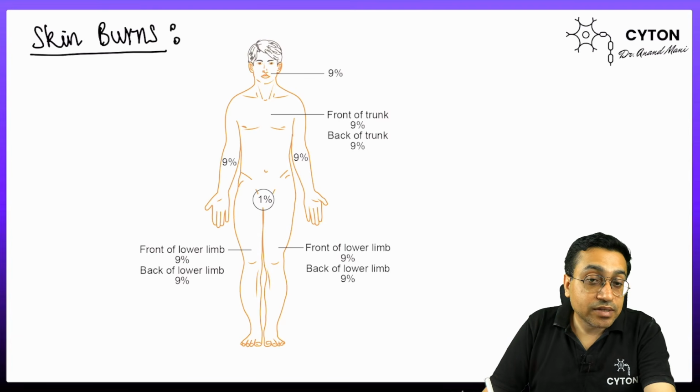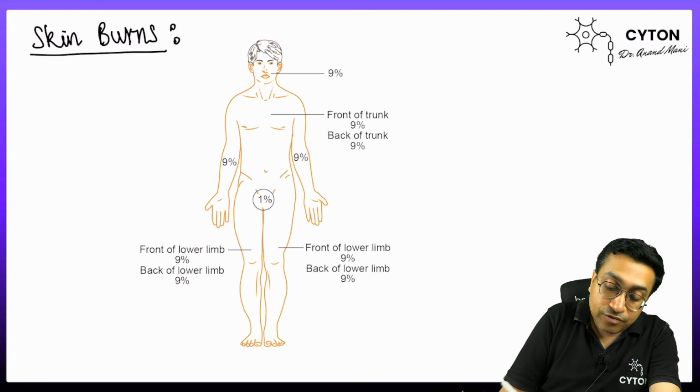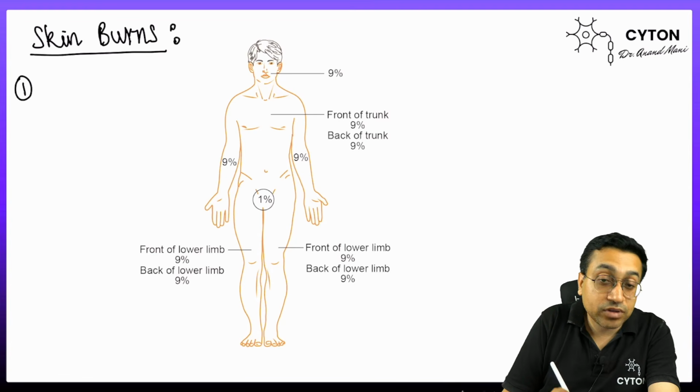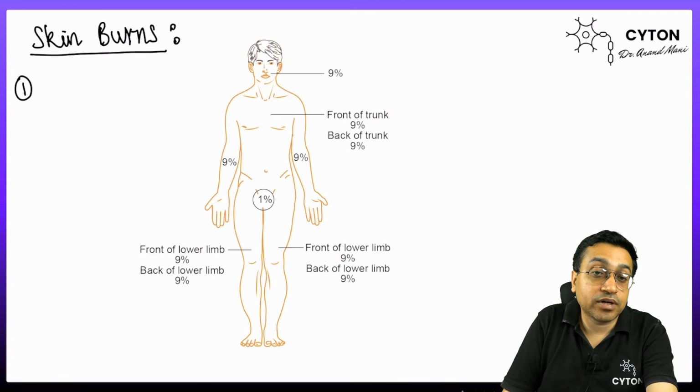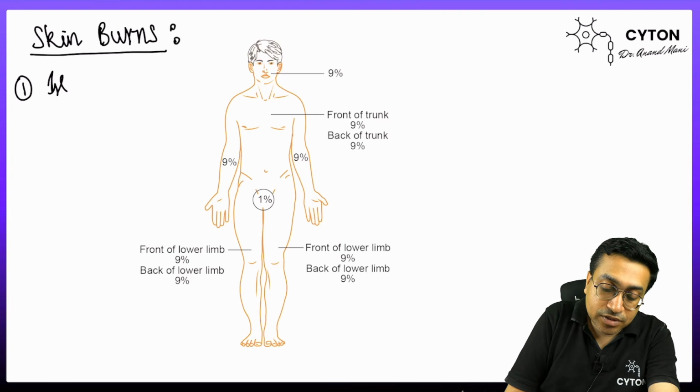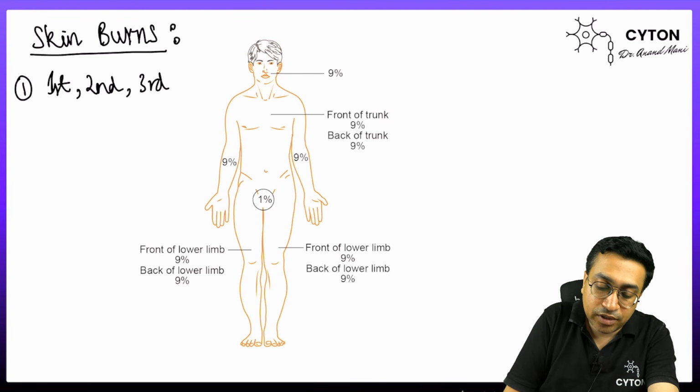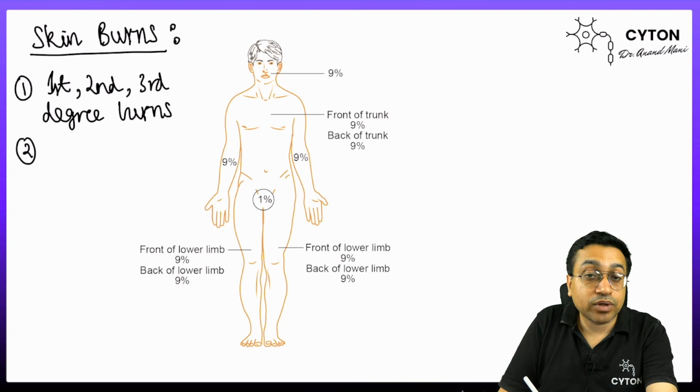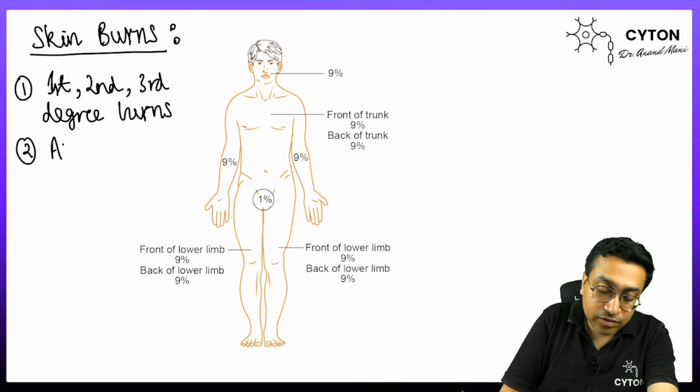Now there are two kinds of skin burn classification. First is on the basis of the degree of the burn: first, second or third degree burns. Then according to the area of the skin involved.